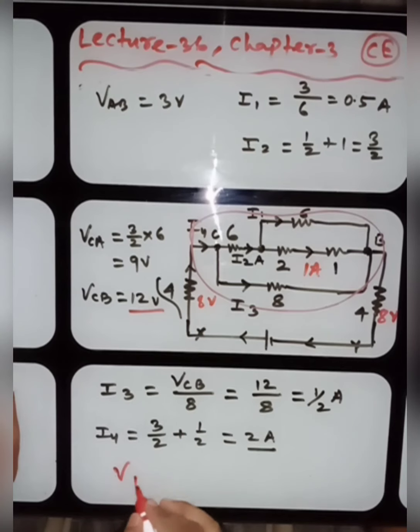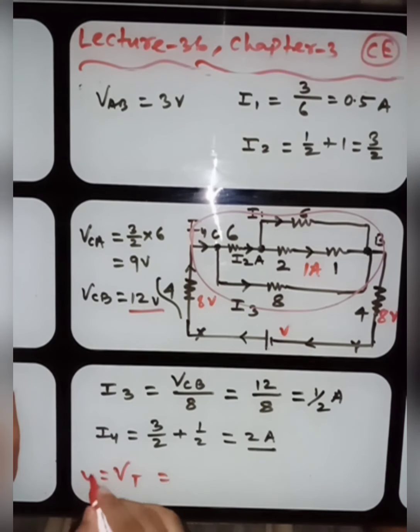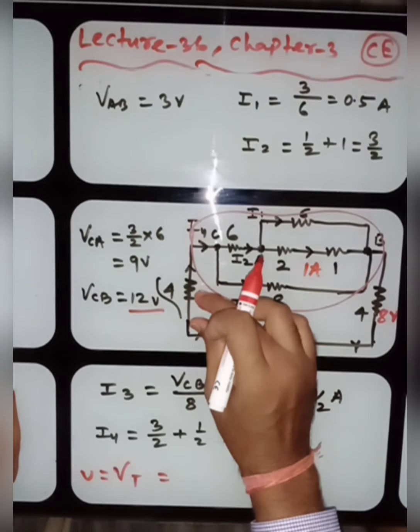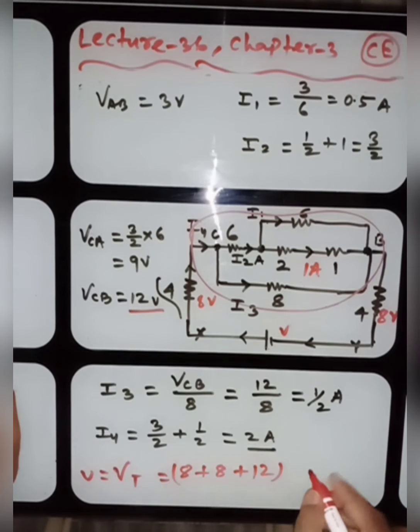Now the potential of this cell will be the total potential dropped here, over here and here. So 8 plus 8 plus 12. So this is the voltage.